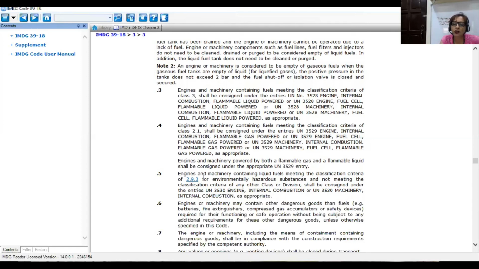So here they're telling you if you happen to be using a fuel in this engine, which is probably the grease or the engine oil, that is not a flammable gas or a flammable liquid, but is a marine pollutant, then they are indicating the UN number and the PSNs that are appropriate for that situation. That's about it.